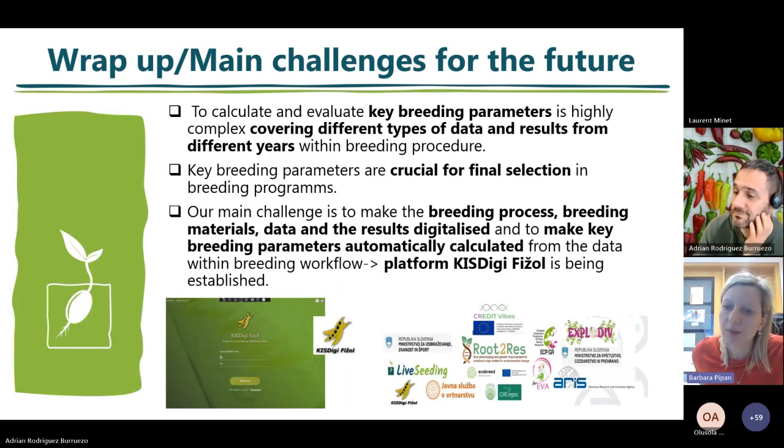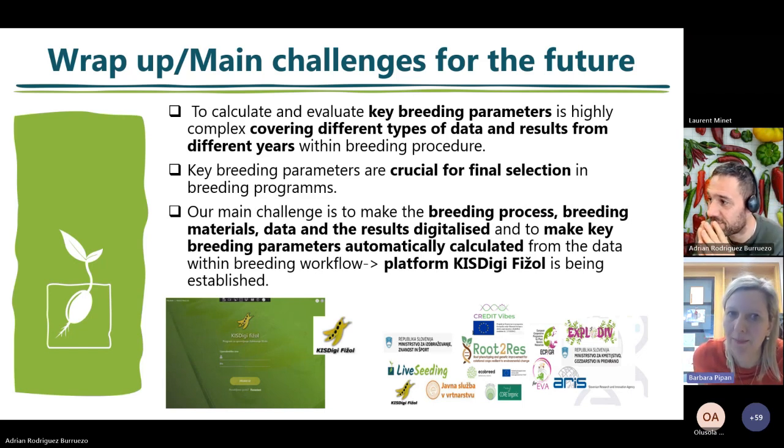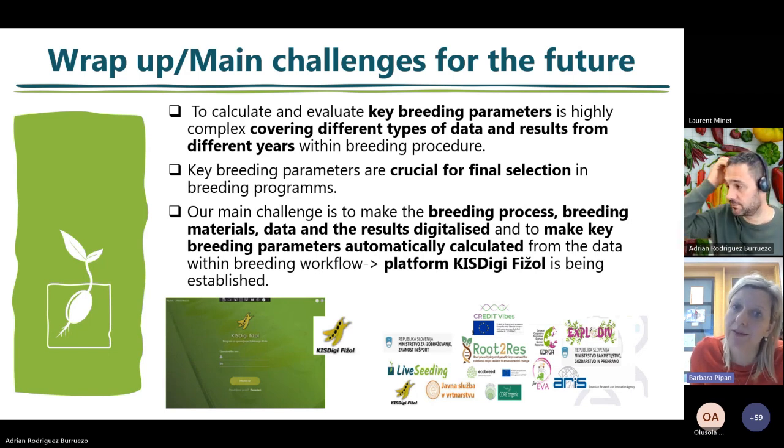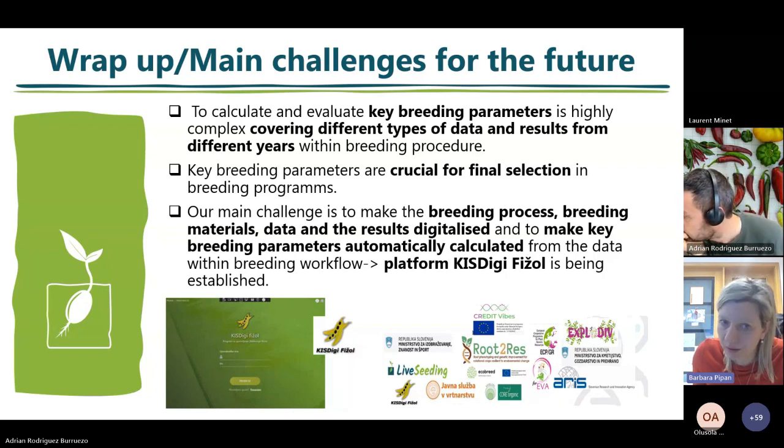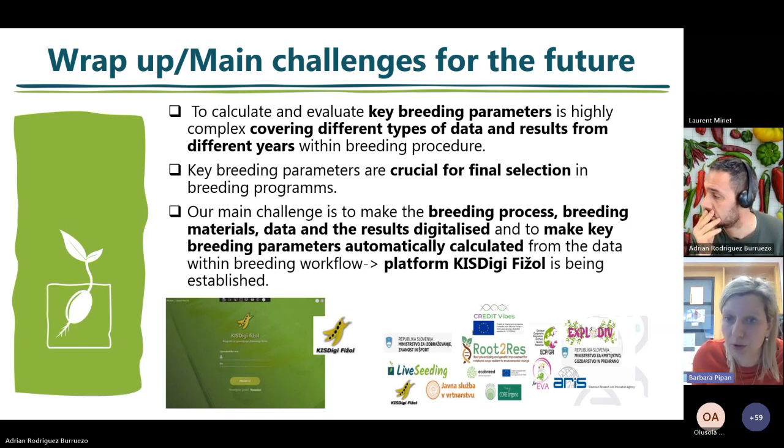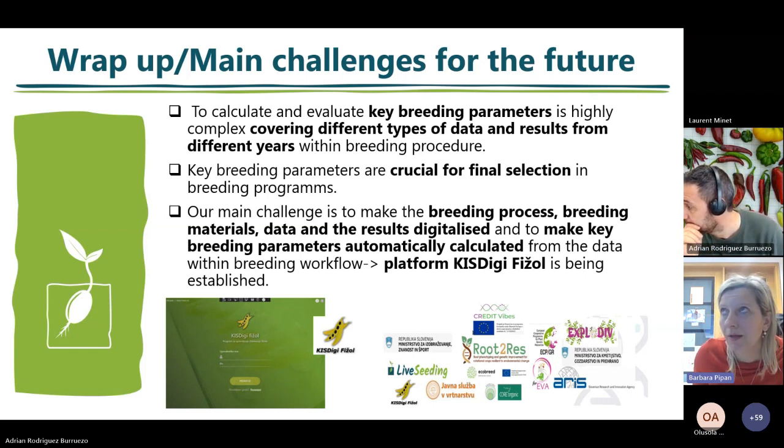So with this, just to wrap up and expose the main challenge for the future: to calculate and evaluate key breeding parameters is highly complex, covering different types of data and results from different years, from different locations within the breeding procedure, and key breeding parameters are crucial for the final selection, crucial in terms of being effective and making a good decision in breeding programs.